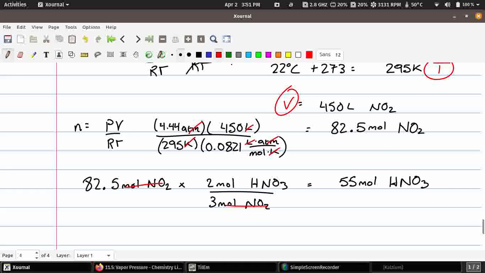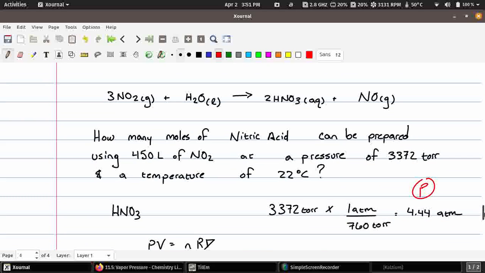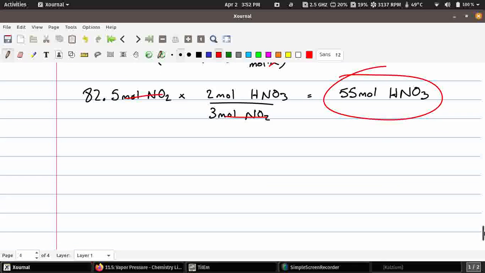So technically this would be the answer, but what if I added another condition on there? What if I wanted to know how many liters of nitric acid are made?